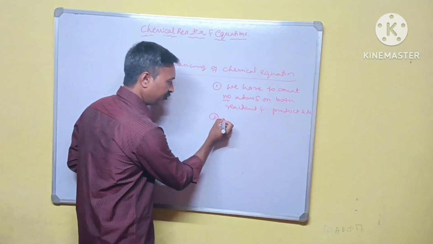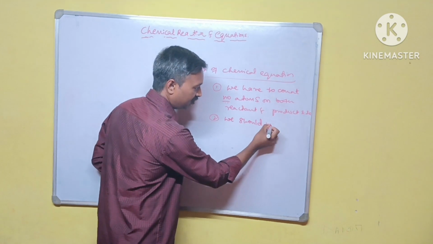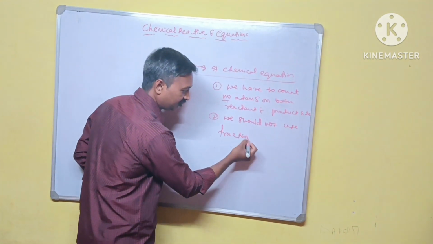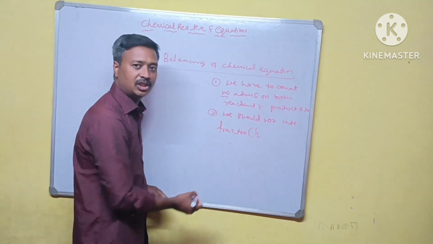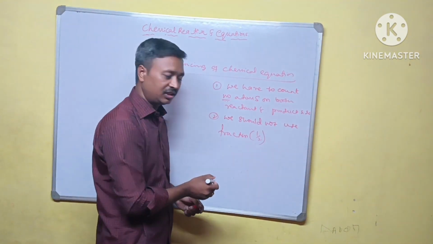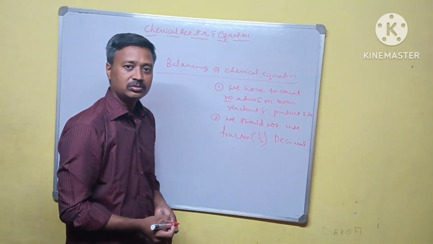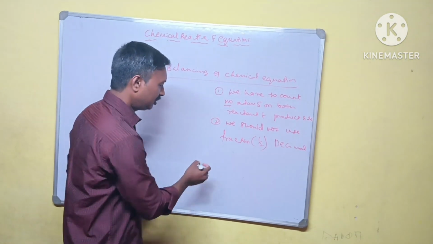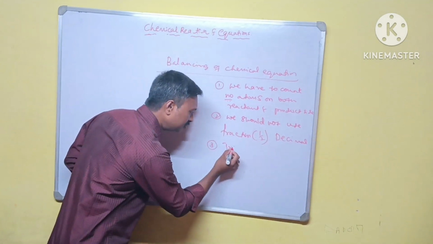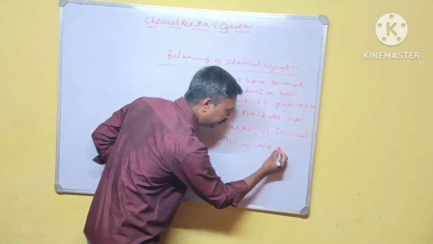Second, we should not use fractions or decimals like 0.1, 0.2. Third, try to write whole numbers.